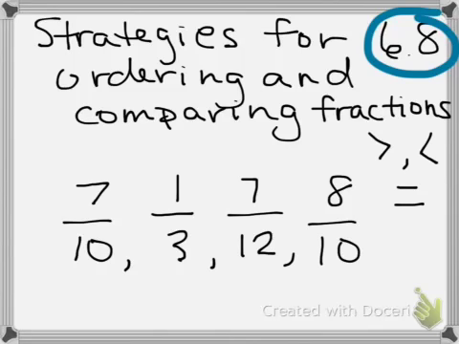So over their homework, they should have highlighted some of those to let them know what they're supposed to be doing ahead of time. So now we're not just using one strategy to order fractions. They actually have to use almost all the strategies sometimes to order the fractions. So the first fractions we're going to be dealing with today are 7/10, 1/3, 7/12, and 8/10.